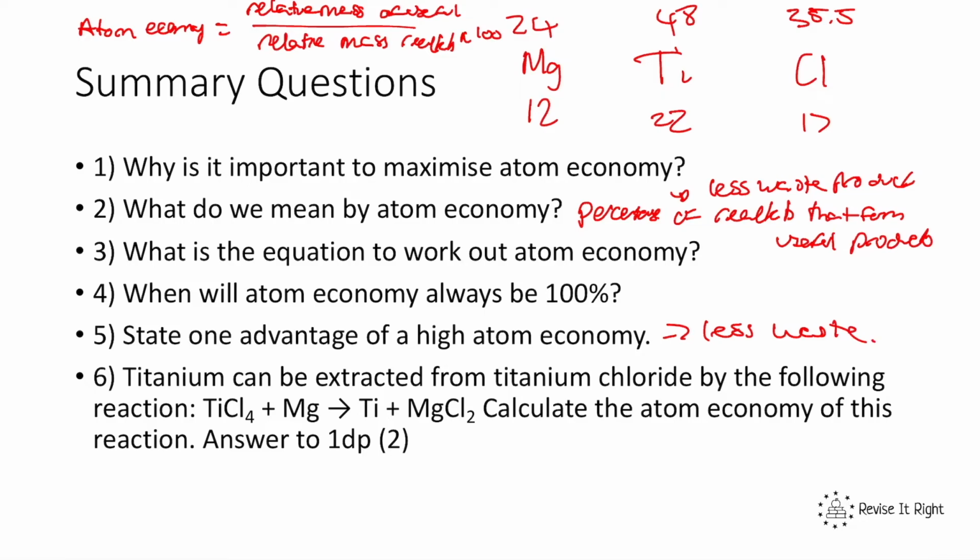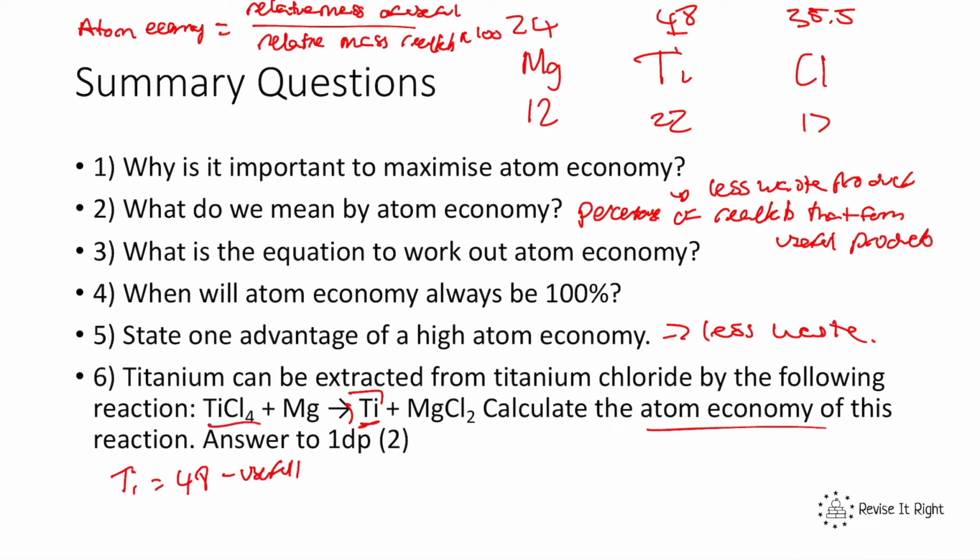And then titanium can be extracted by titanium chloride. Calculate the atom economy. So we want titanium, so that is the useful product. So we need to find out the relative mass of that, which is 48. That's our useful relative mass. And then we need to find out the relative mass of the reactant.